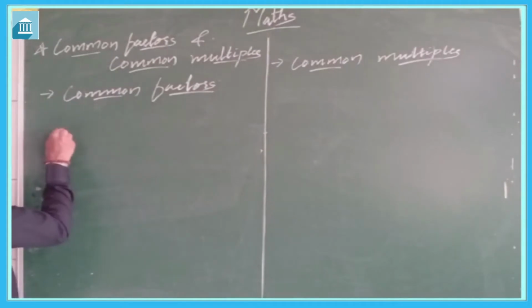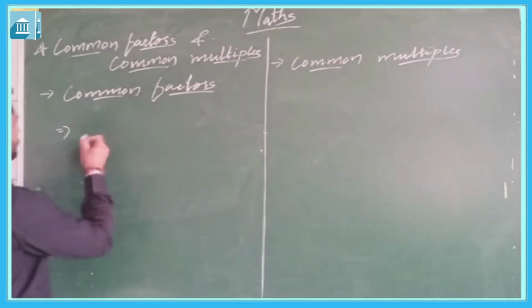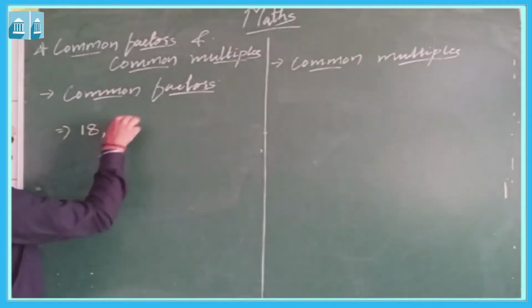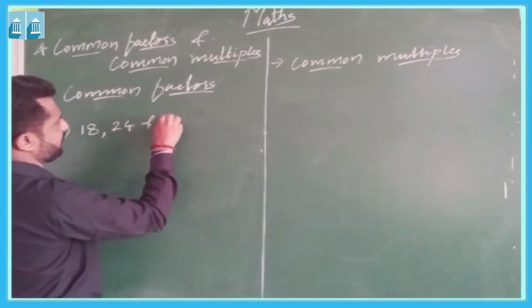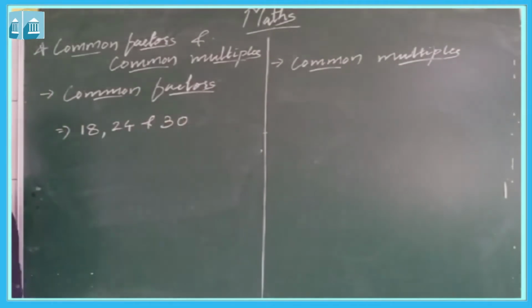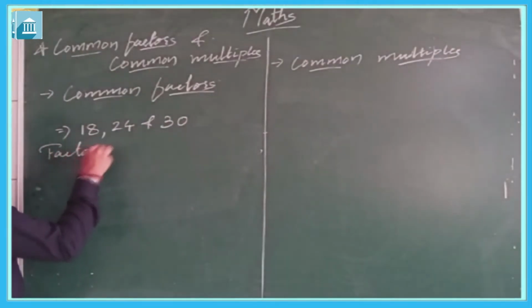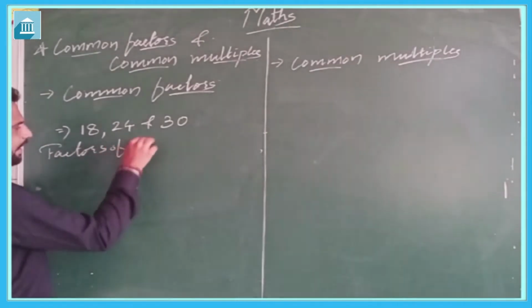Let us find out common factors of, for example, 18, 24 and 30. Now here we need to find out factors of 18.